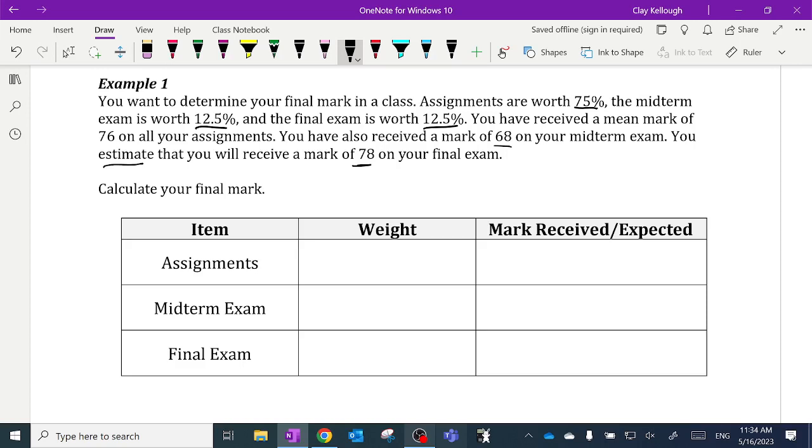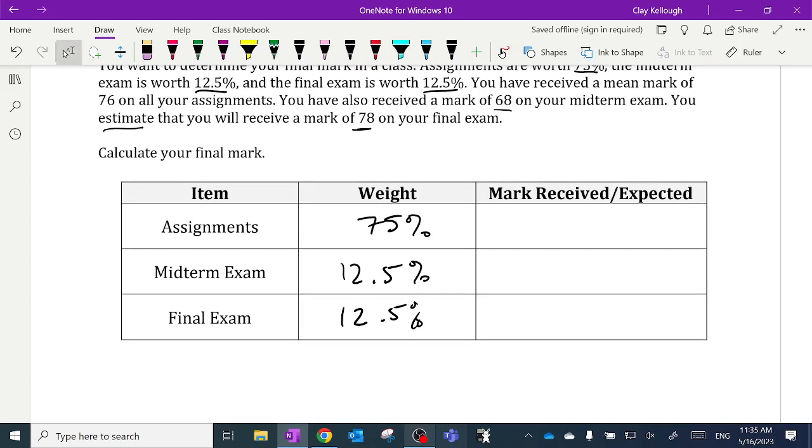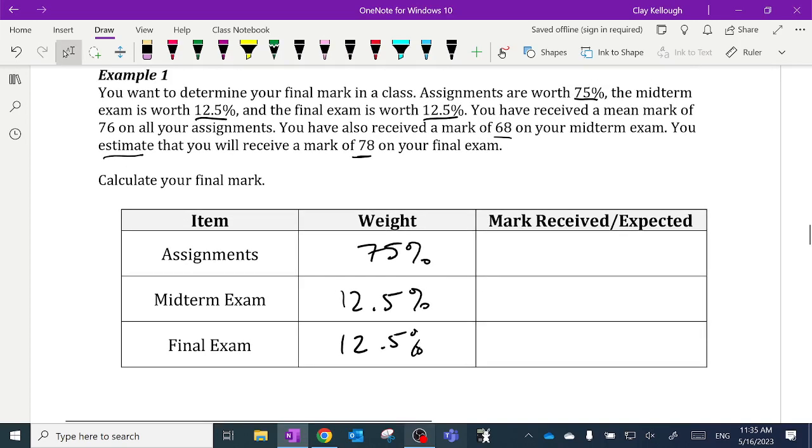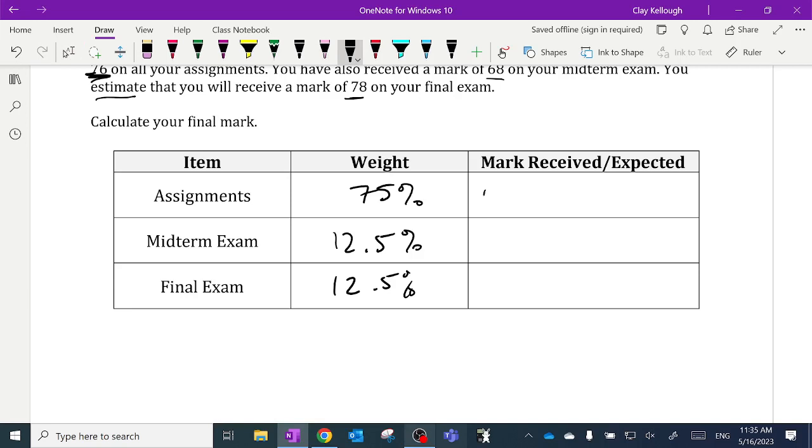So let's write the weightings first. Assignments are 75%, the midterm is 12.5%, and the final is 12.5%. So now let's calculate. How much did we get on assignments again? We got 76 on our assignments. So 75% of 76 is how much my grade is for assignments.